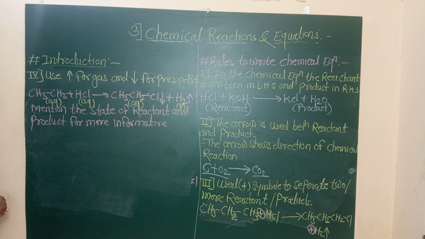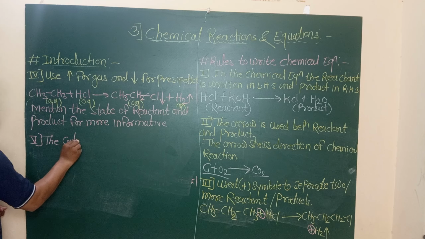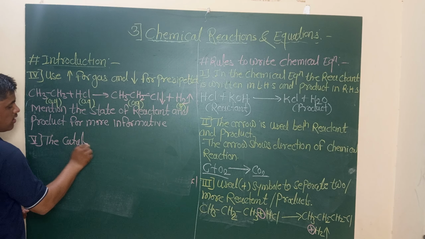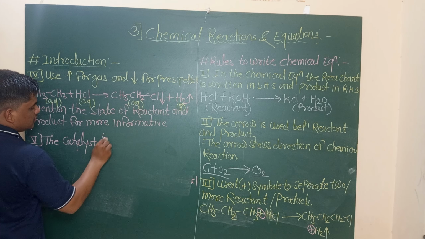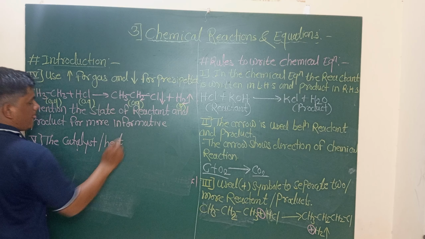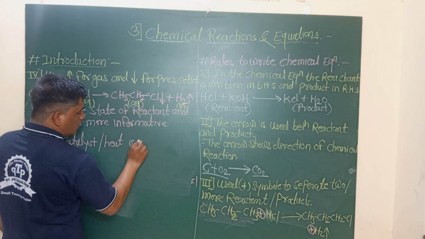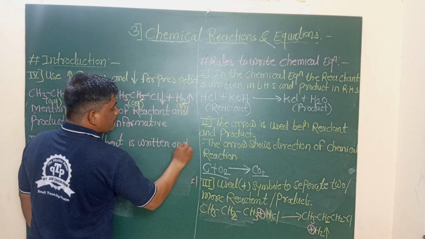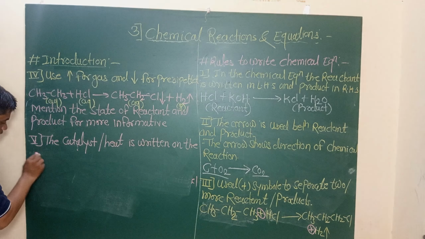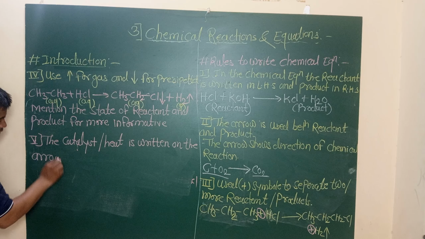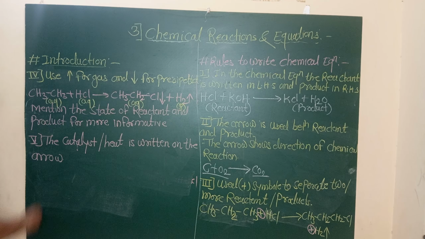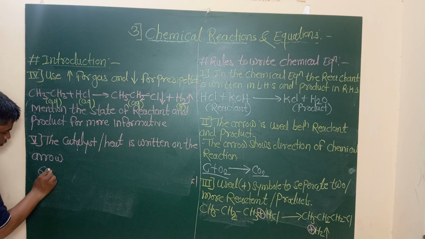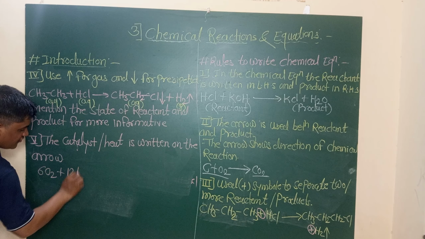The last one is the catalyst and heat. The catalyst or heat is written on the arrow. For example, 6CO2 plus 6H2O gives C6H12O6 plus 6O2.